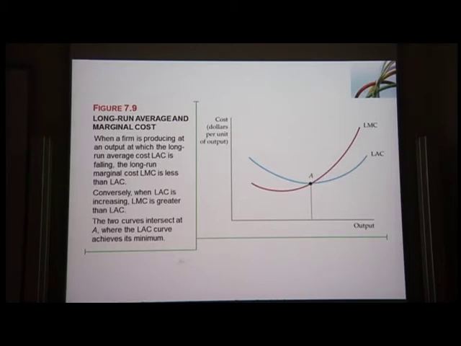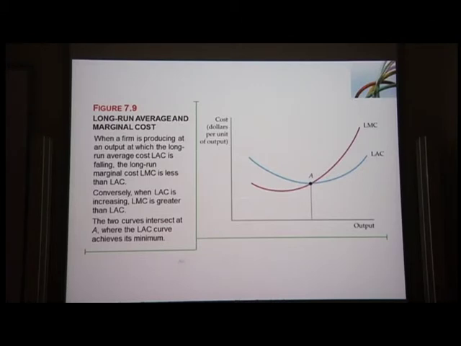When the firm is producing an output where the long run average cost curve, the LAC, is falling, the LMC is less than the LAC. And then on the opposite side, conversely, when LAC is increasing, you can see that LMC lies above the LAC. And where the two curves intersect at point A is where the LAC curve achieves its minimum.